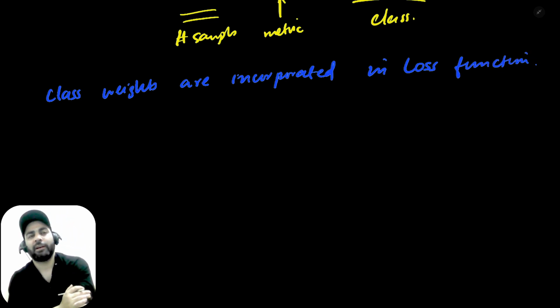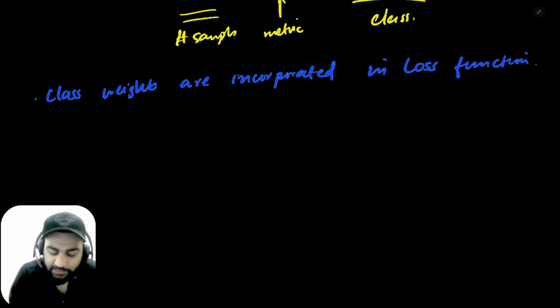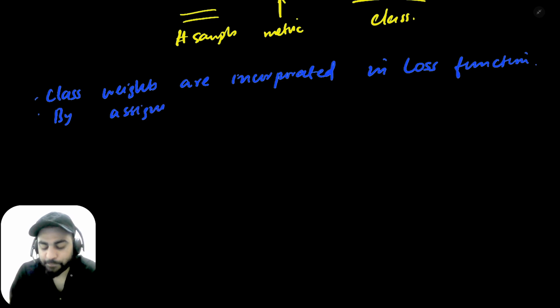We also made a cost function for that. So class weights are incorporated in the loss function by assigning higher weights to the minority class.